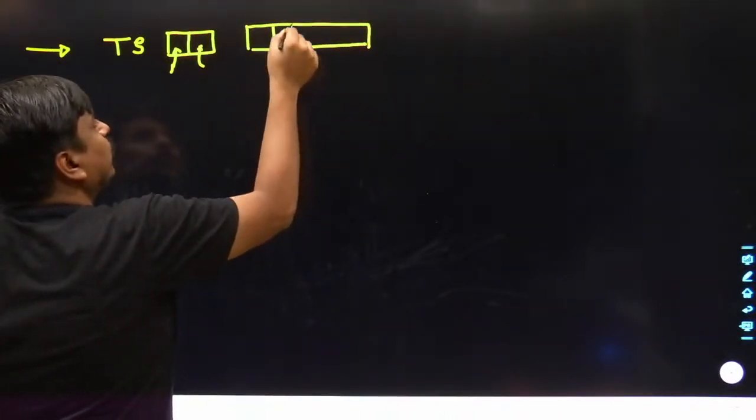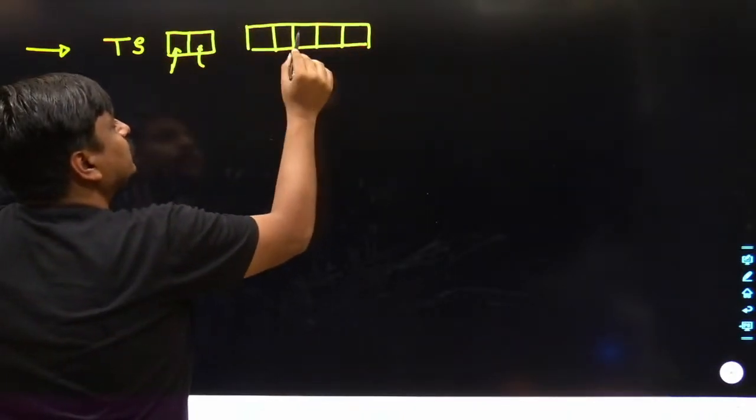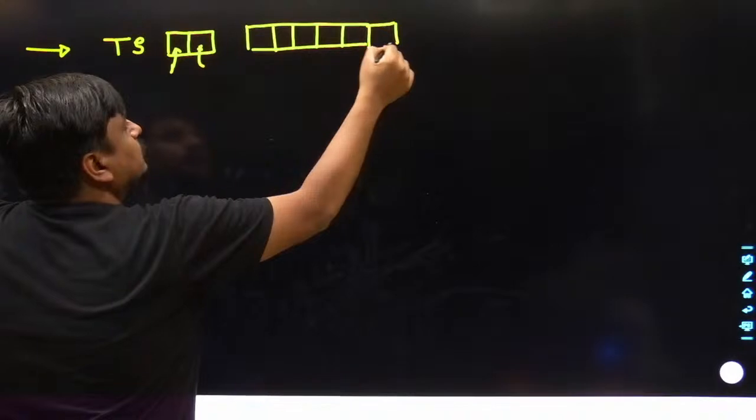The starting 2 boxes are dedicated to alphabets, which could be anything from A to Z, and then come 4 numbers, 1, 2, 3 and 4. Should I repeat once again?